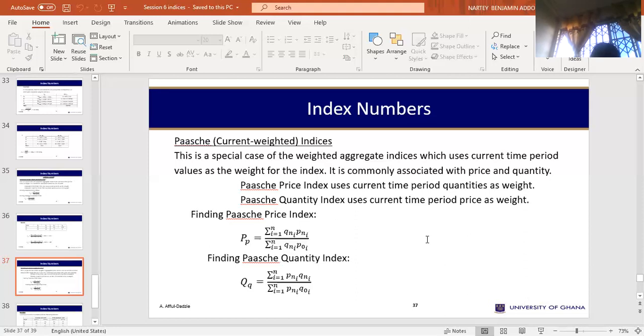As a result, this method is rendered impracticable. Four, data collection is more expensive and more time consuming compared to the last phase. And then index numbers cannot be determined until the end of the current year. So these are some of the disadvantages of this approach.